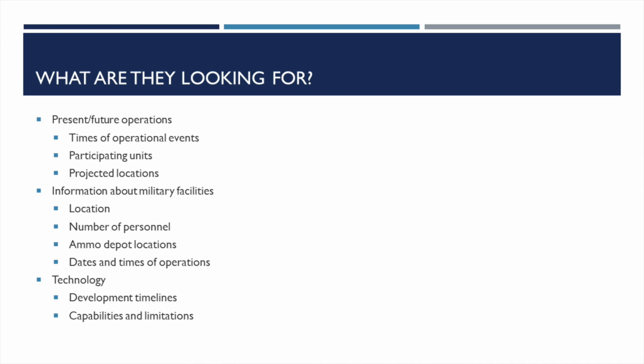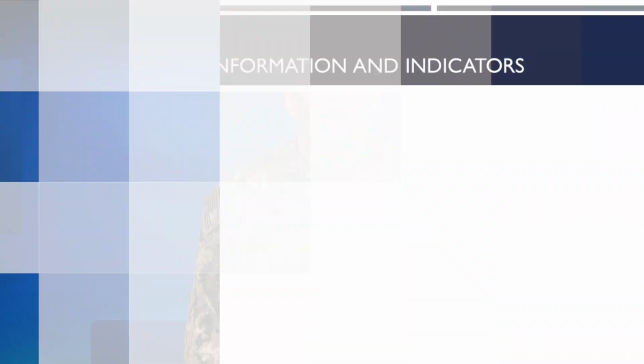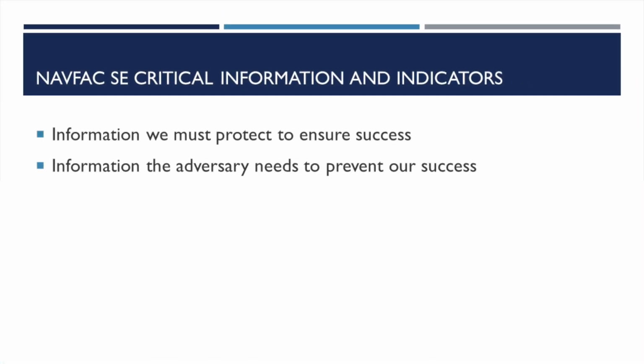Additionally, information about technology capabilities to include development timelines and associated capabilities and limitations. All of these are examples of critical information. Critical information are items that can be pieced together by our adversaries that they can use to target us. While some information may seem harmless and can be considered unclassified, it must be safeguarded to protect the overall picture.